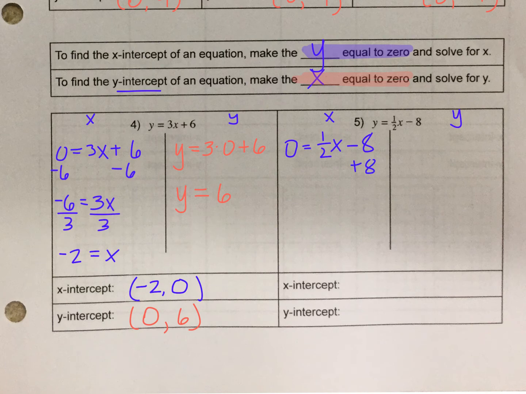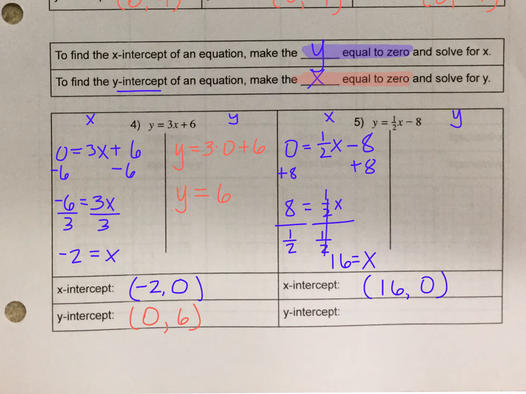I'm going to add 8. 0 plus 8 is 8 equals 1/2 x. 1/2 and x are being multiplied, so I'm going to divide. 8 divided by 1/2 is 16 equals x. So down here, I write 16, comma, 0.